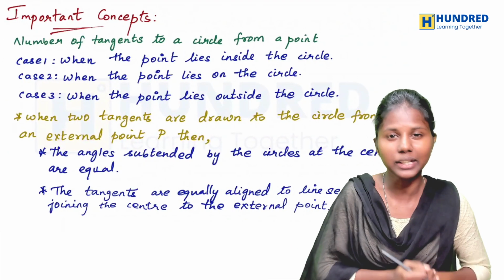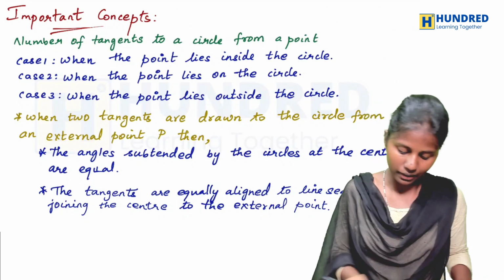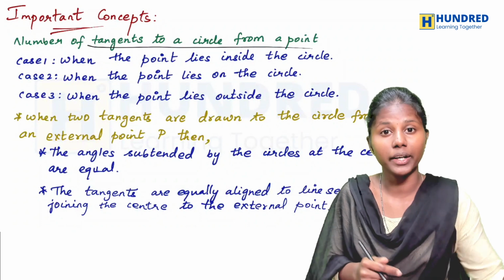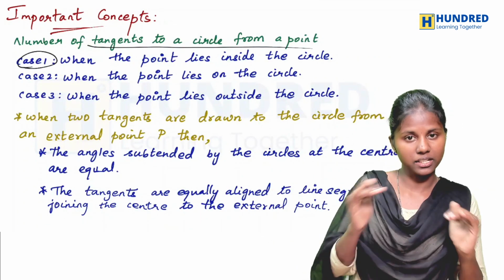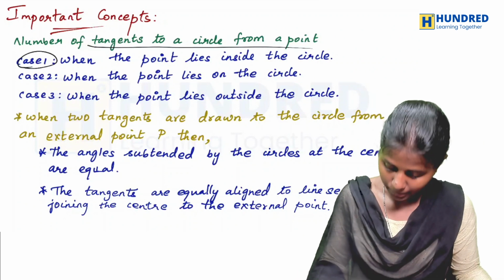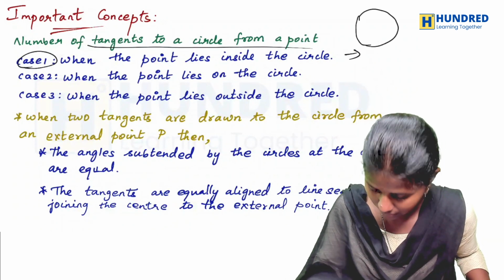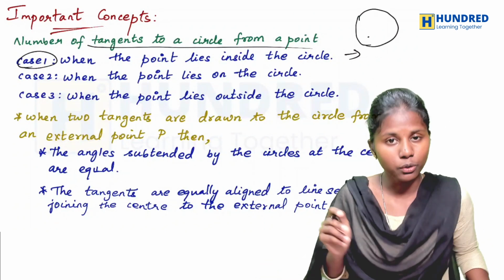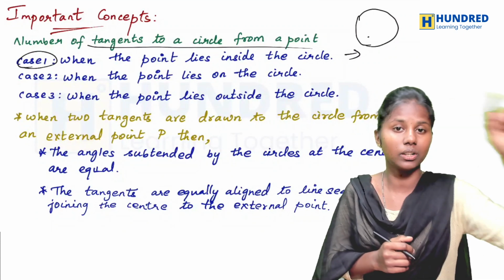Then we move on to the concepts regarding the number of tangents from a point. It varies with the position of the point. First we are going to see the case by case positions. When a point lies inside a circle, we know that a tangent gently touches points on the circle.